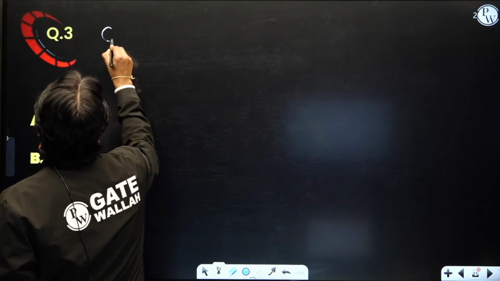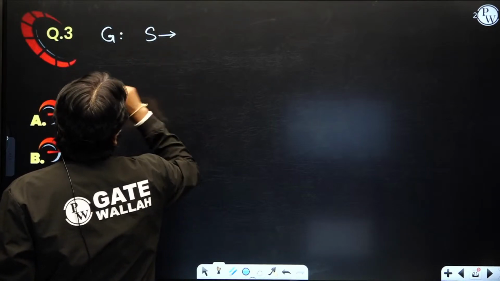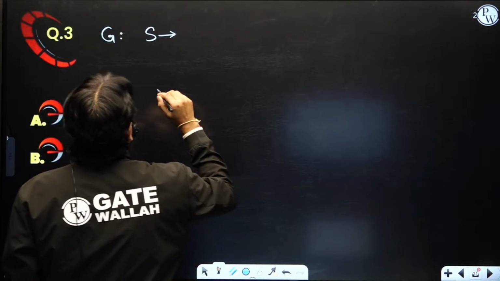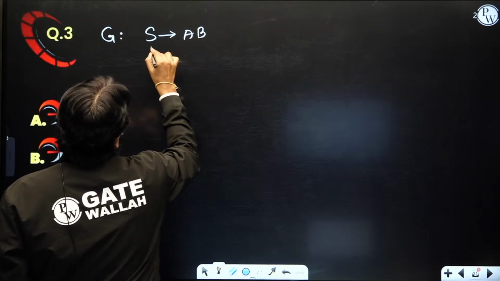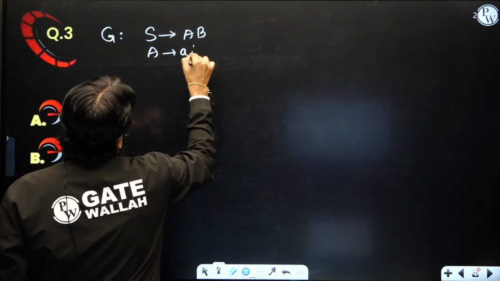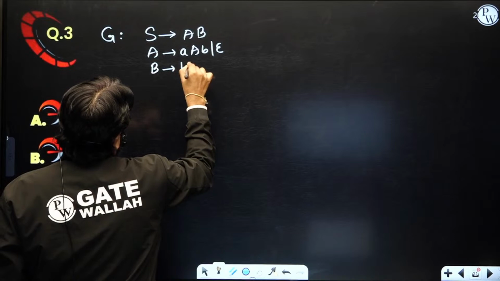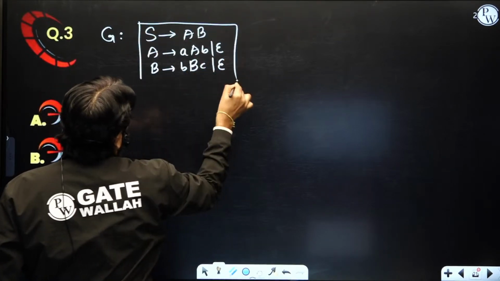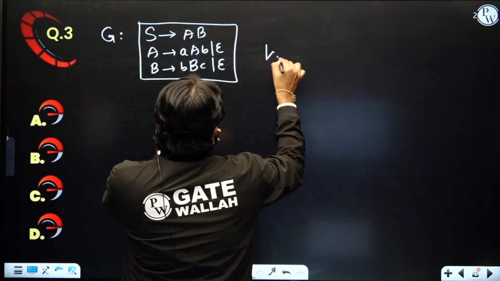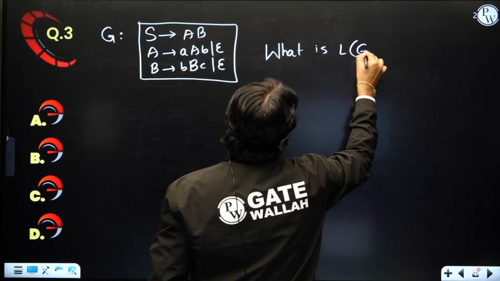Question 3, again a grammar. S derives AB, A derives AB or epsilon, and B derives BBC or epsilon. So this is your grammar. What is the language represented by this G?